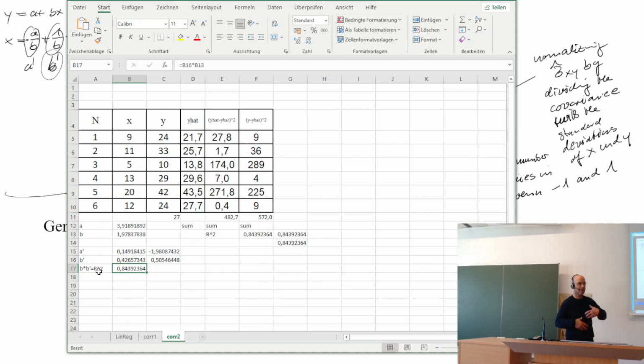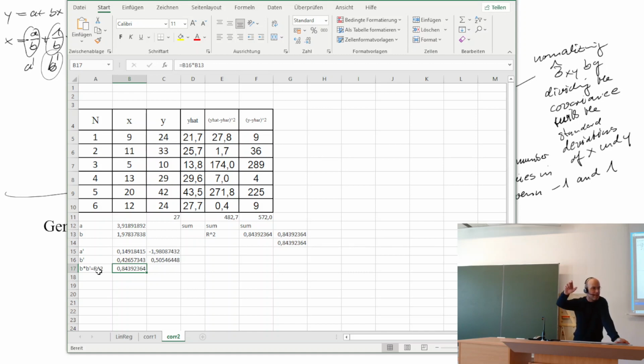Because sometimes one thinks, well, it doesn't matter if I'm fitting a linear line within the data, it doesn't matter which one is on which axis. But when we started linear regression, we defined x as the independent variable and y as the dependent variable.